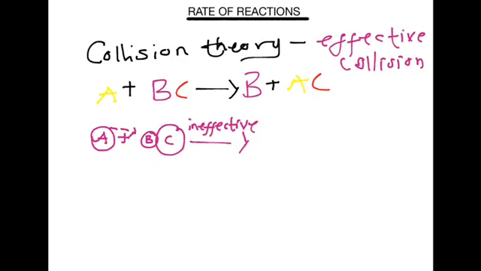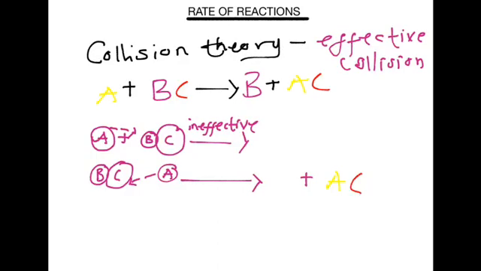This way around, we have our B, and then we have our C, and then you have your A from this angle now colliding with this C. It means we are going to have our desired product, which is going to be our AC, and then we'll have our B standing on its own.